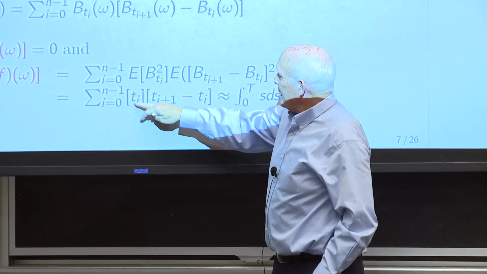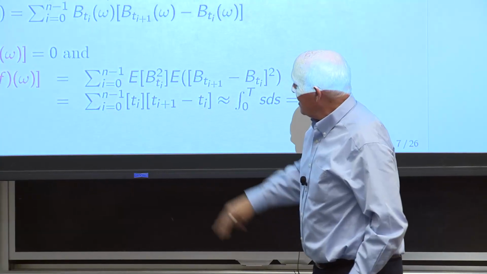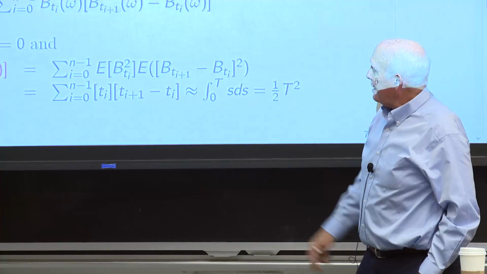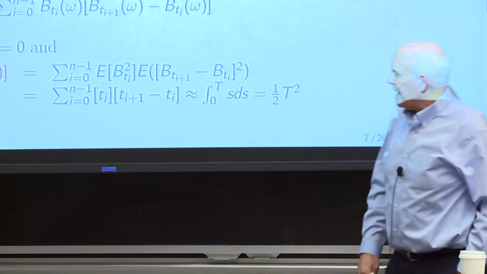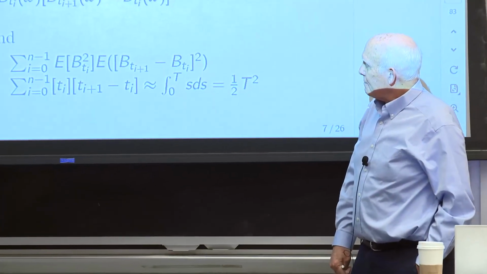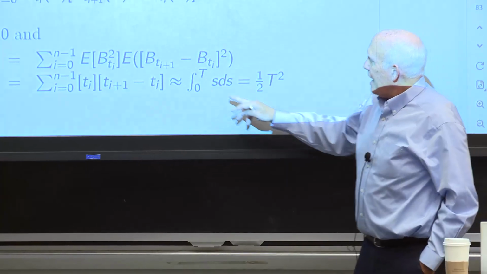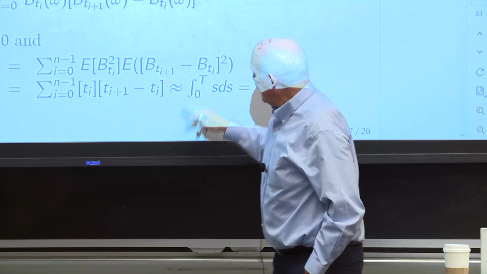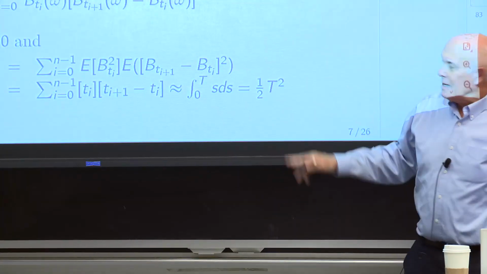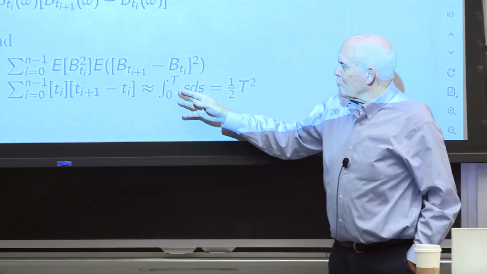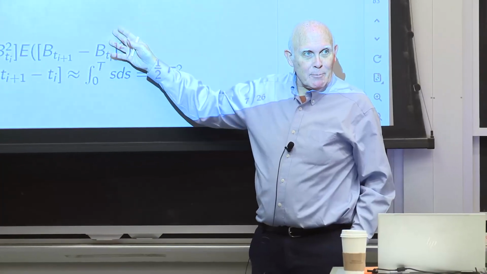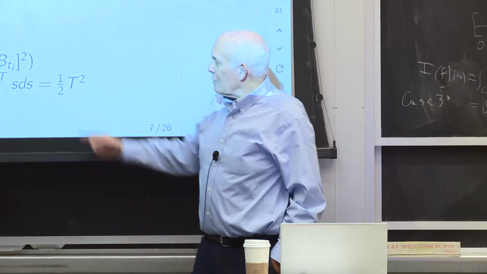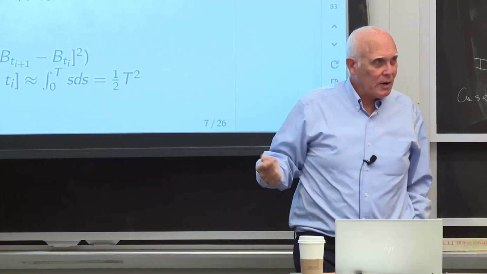That turns out to be equal to the sum over the increments of t_i times the increment to the next time value. And this sum of t_i times (t_{i+1} minus t_i) is essentially close to the integral from 0 to capital T of s ds, which should be a half T squared.